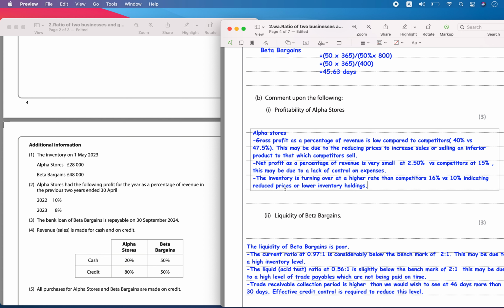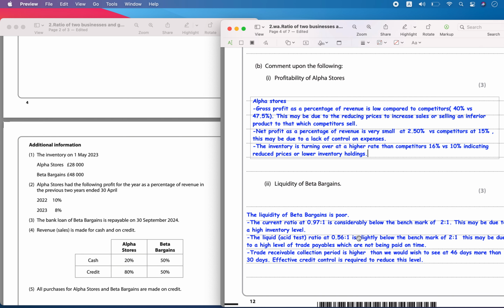That means they were able to sell, probably due to reduced prices, and held a low value of inventory.